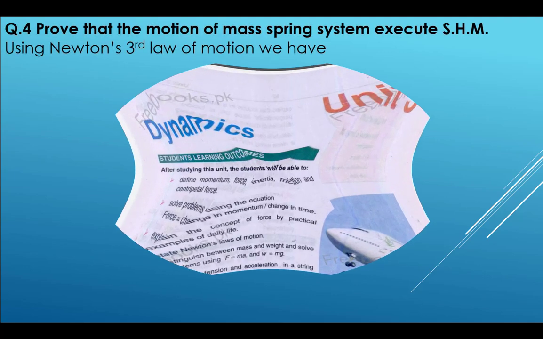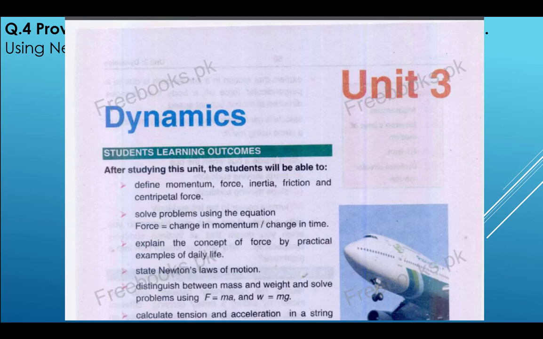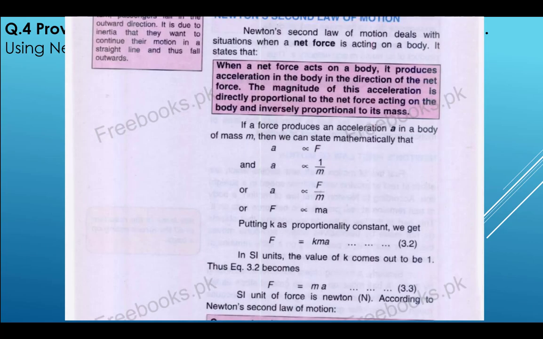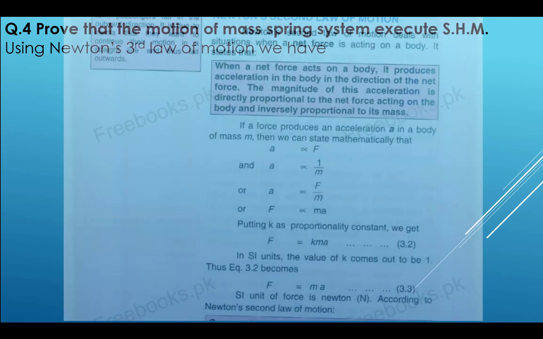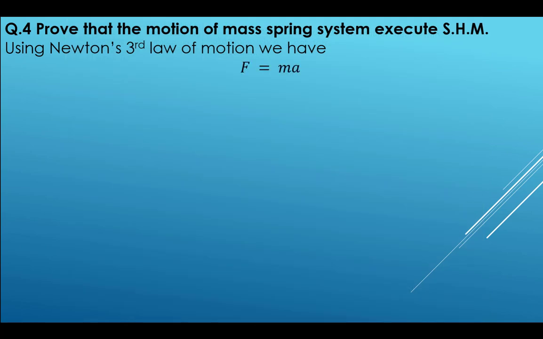Now, if you remember Newton's second law of motion that we have already studied in class 9, according to Newton's second law, F is equal to ma. Our first equation also contains force F. We can replace this force by ma, and our equation 1 becomes ma is equal to minus kx.